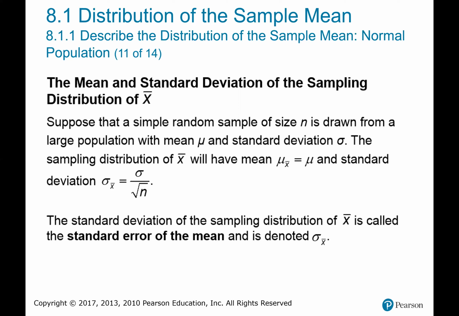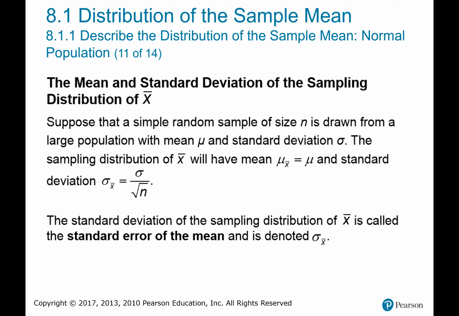The sampling distribution of X bar will have the mean. Okay, guys, as we concluded from the beginning of this section, the mean of X bar, the mean of the sample mean, is the same as the mean of the population.